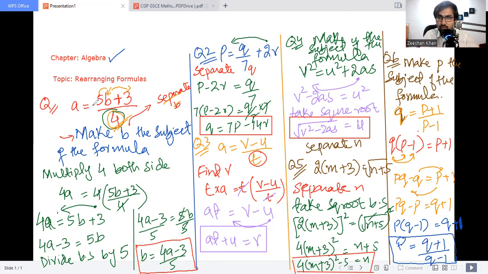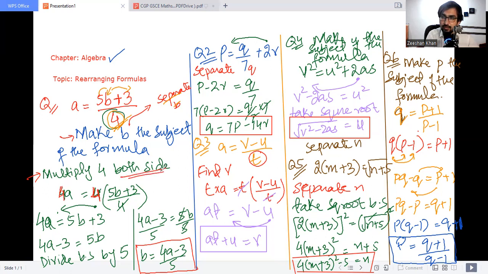We will shift this 4 to the other side of the equality. You might know this rule: if you want to remove a number from the denominator, we multiply by that number on both sides. So multiply 4 on both sides.